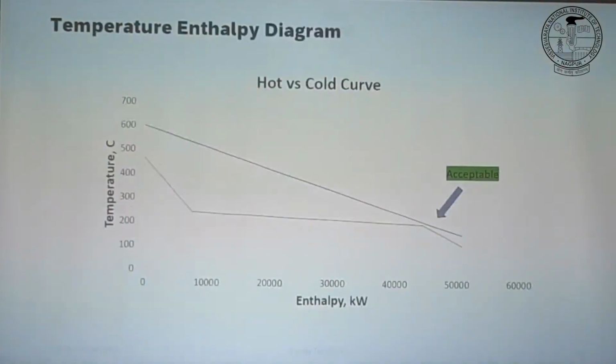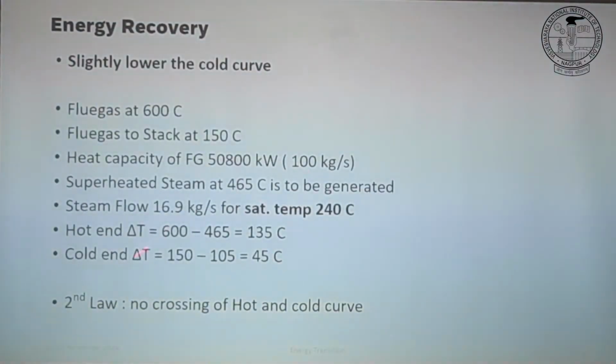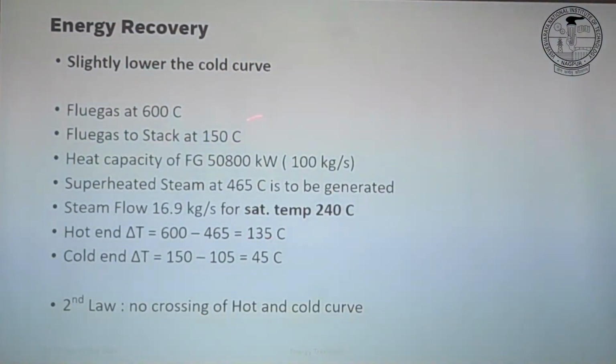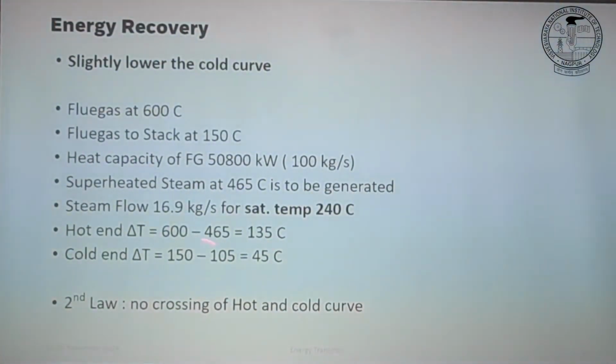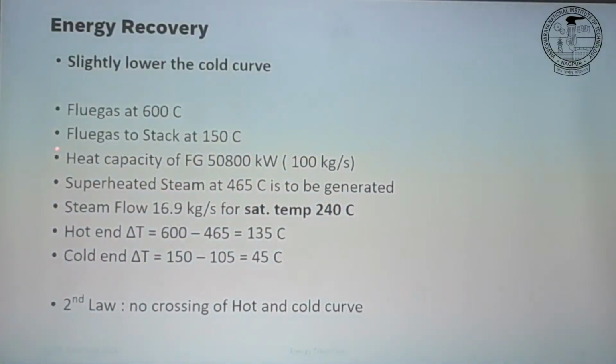Now if we change here the steam pressure, but imagine in your plant you have a consumer which needs heat at 260 degree. So if there is a process requirement where you need 260 degree heat, you cannot have steam at 240 degree.